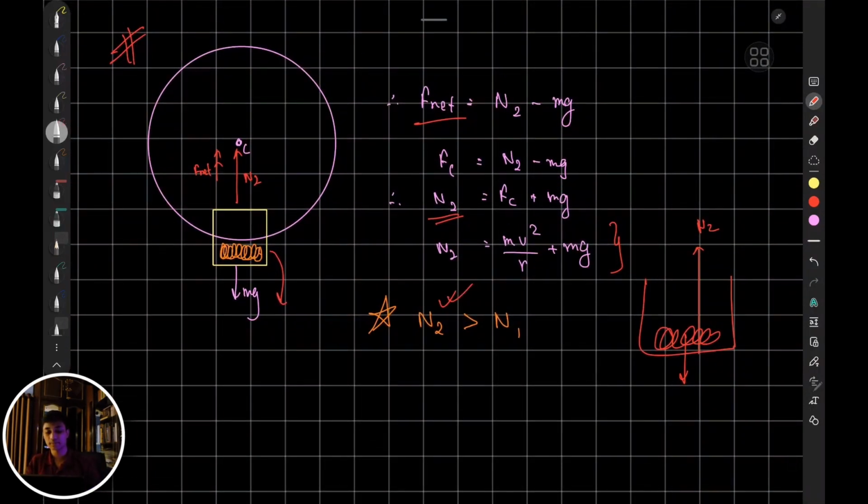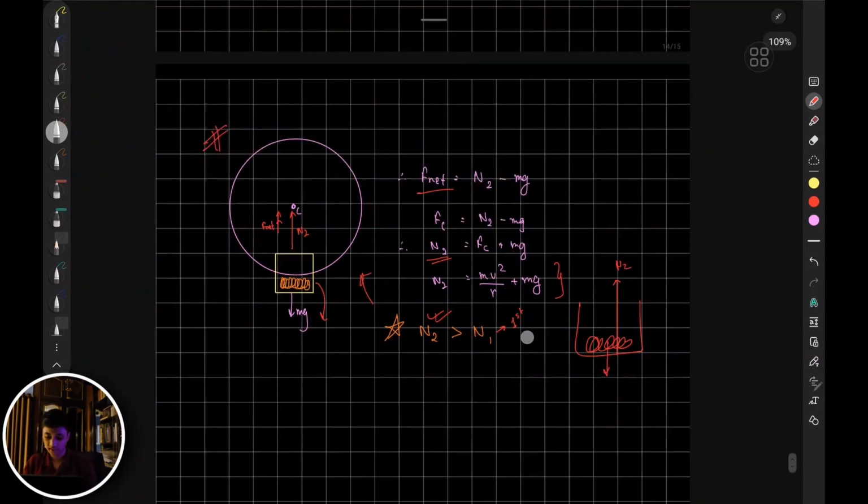We can say at the topmost position, contact force is minimum, and at the lowest position, the contact force is maximum. So we can say N2 is greater than N1. This is the first example, and this is this example. Fair enough. So next we can look into a few examples.